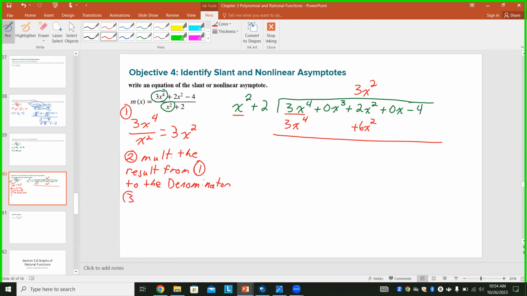Step 3, we're going to change the signs.